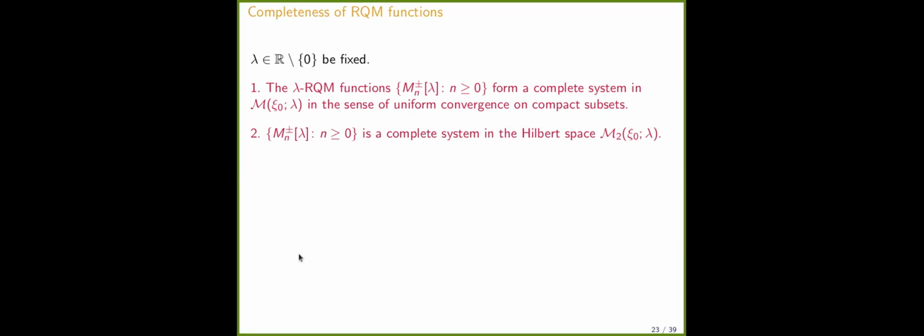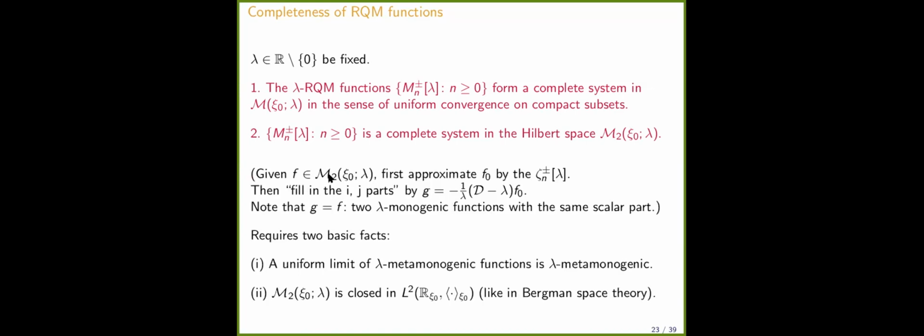Okay, so to prove this, just to have an idea, you take a function, perhaps square integrable or perhaps not, depending on which part of the statement you're proving. And we have the completeness results that I mentioned before for real valued functions.